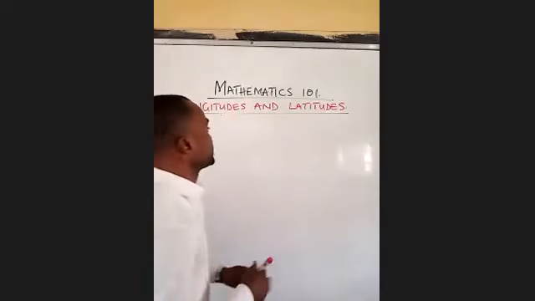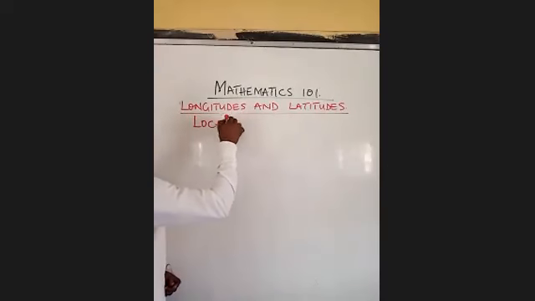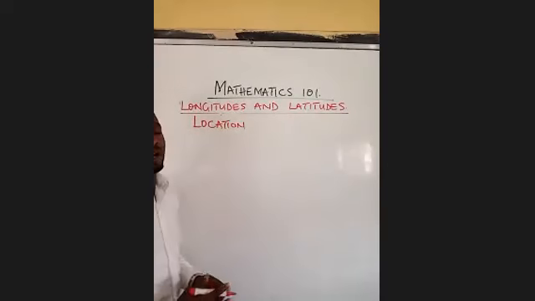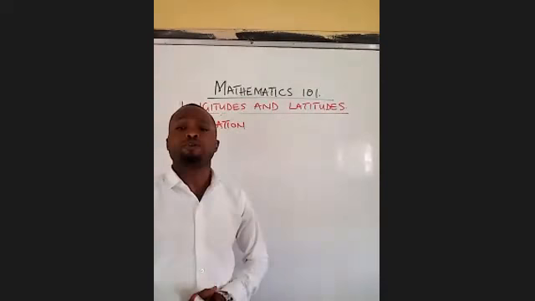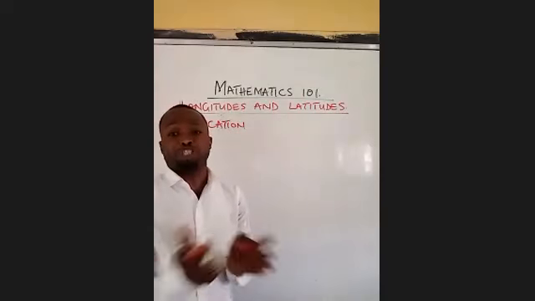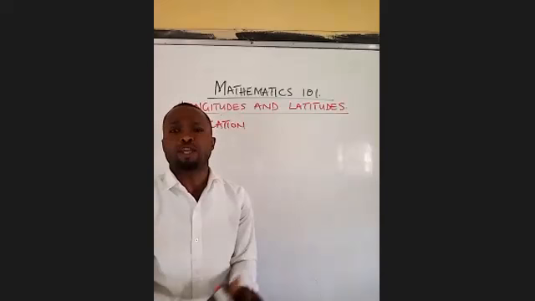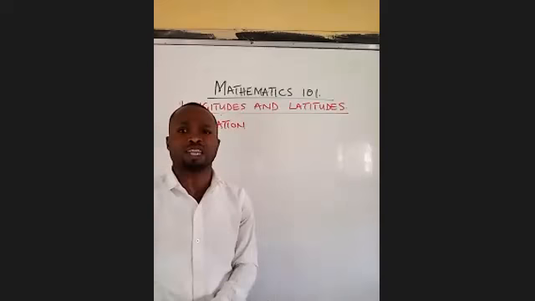Okay? Now let's see. Location of points on Earth's surface. Of course, many students don't know how to locate points on Earth's surface. That was the reason I had to teach you what latitudes are and what longitudes are, so that you will know this is longitude, this is latitude.